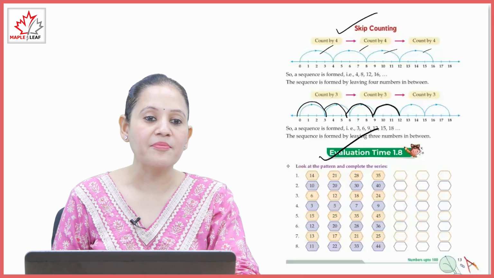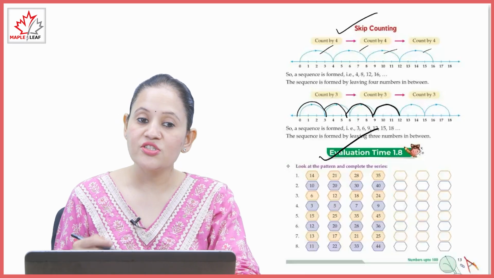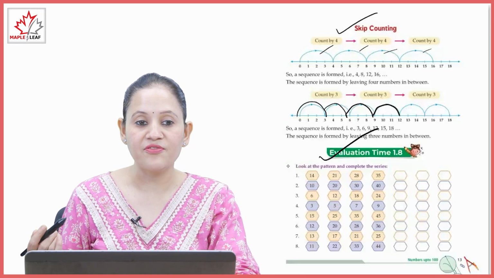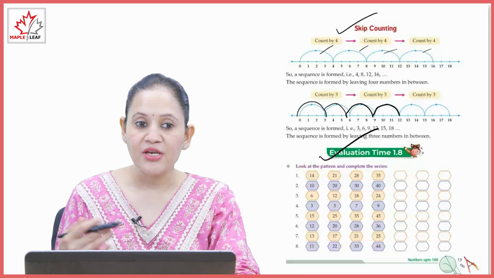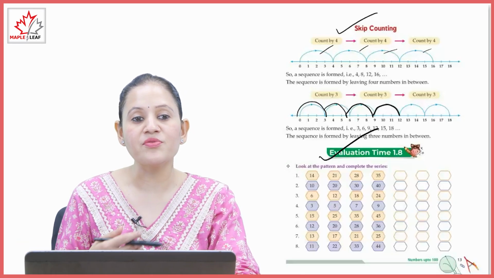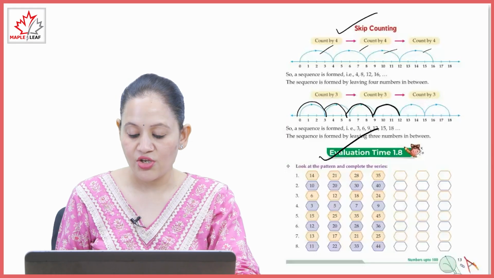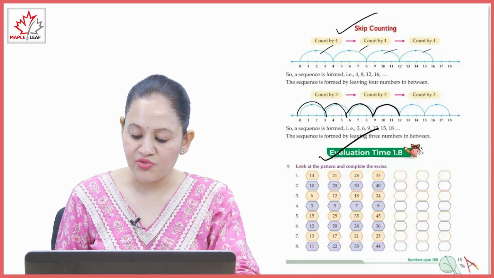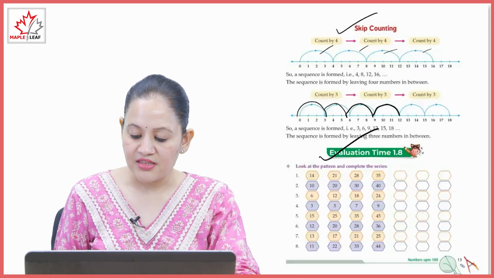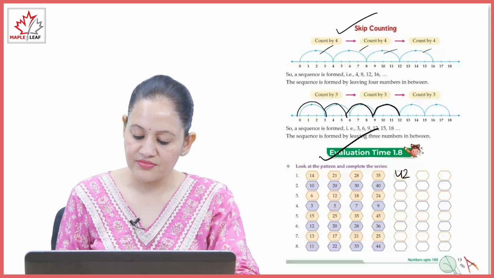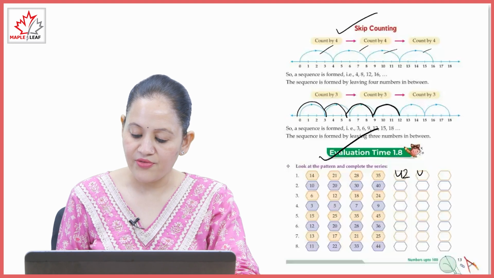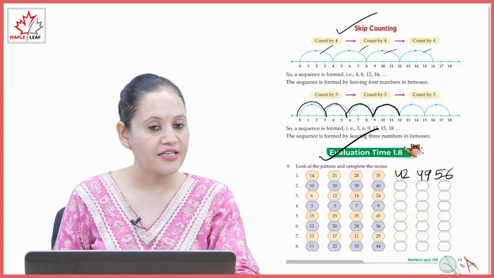Look at the pattern and complete the series. 14, 21, 28, 35. So first we have to look what is the pattern following here. So here we are following the pattern of skip counting by 7. So 14, then 21, then 28, then 35, 42 and 49, 56. Clear?